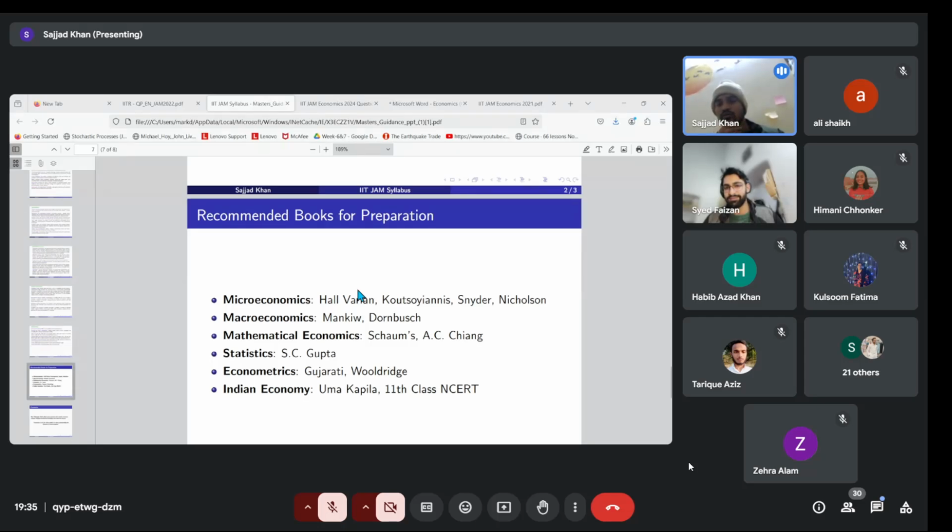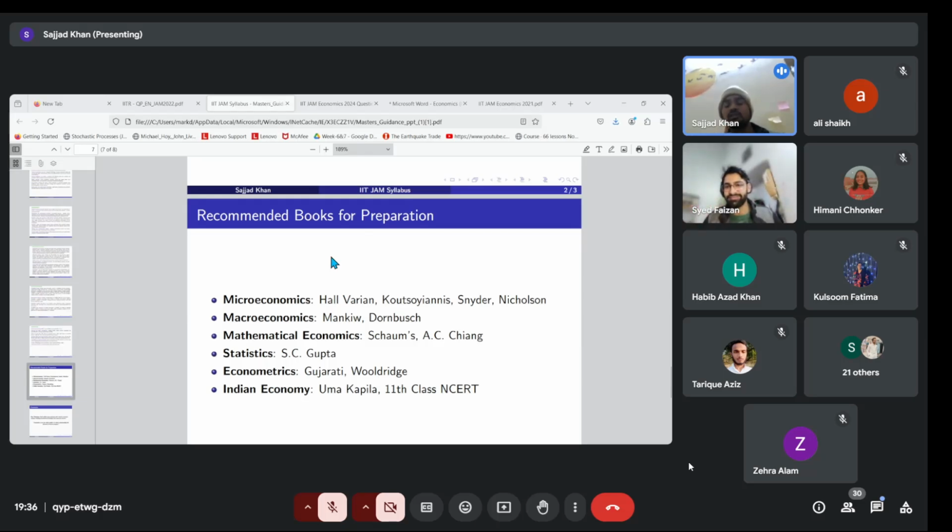So I usually gave 5 to 6 hours per day, because I realized the syllabus is different, which we are learning here at AMU and which they ask in JAM. So I gave my time mostly to mathematics and statistics. It was time taking. Sometimes I felt low, thinking I wouldn't be able to do it, but yeah. So 5 to 6 hours will work if you are giving 5 to 6 hours per day.